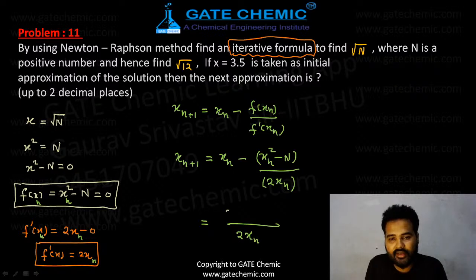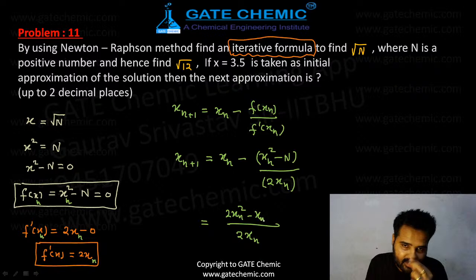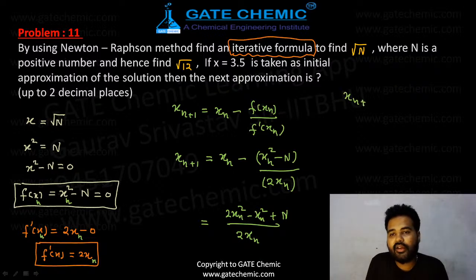It's 2xn. Here 2xn into xn will give you xn square, and minus xn square, this minus will give you plus. Finally you can check, beta: xn plus 1 equals xn square plus n upon 2xn. So beta, this is your iterative formula.